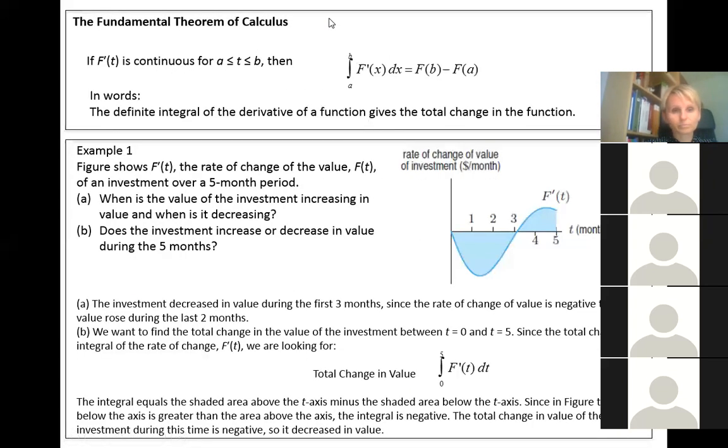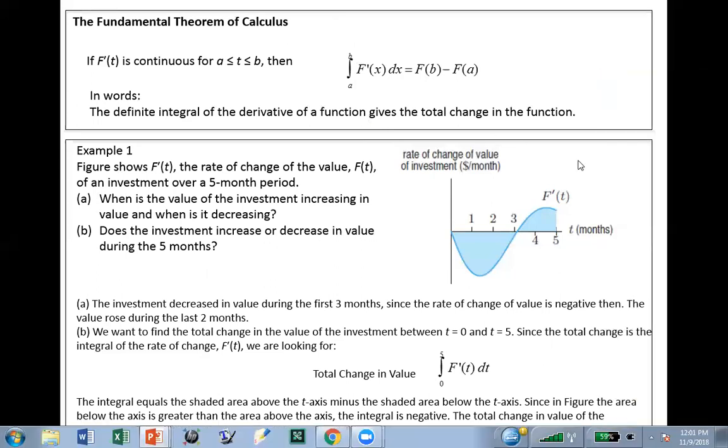First of all, let me switch off the camera. Okay, now it's better. The fundamental theorem of calculus, as covered before, is defined this way.